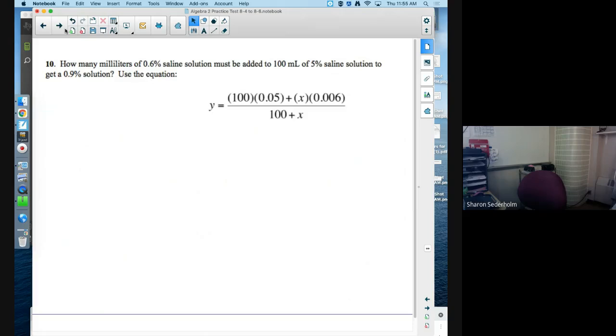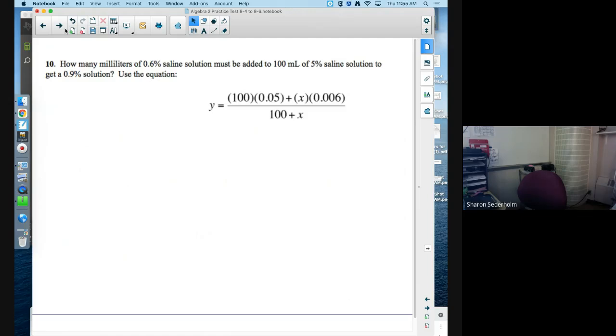How many milliliters of 0.6% saline solution must be added to 100 milliliters of 5% saline solution to get a 0.9%, sorry, putting too many zeros in there, solution? Use this equation. And at first, you go, what on earth? But watch this. How many milliliters of 0.6%? Well, you can't use percentages in math formulas, so they'd have to change that to 0.006.